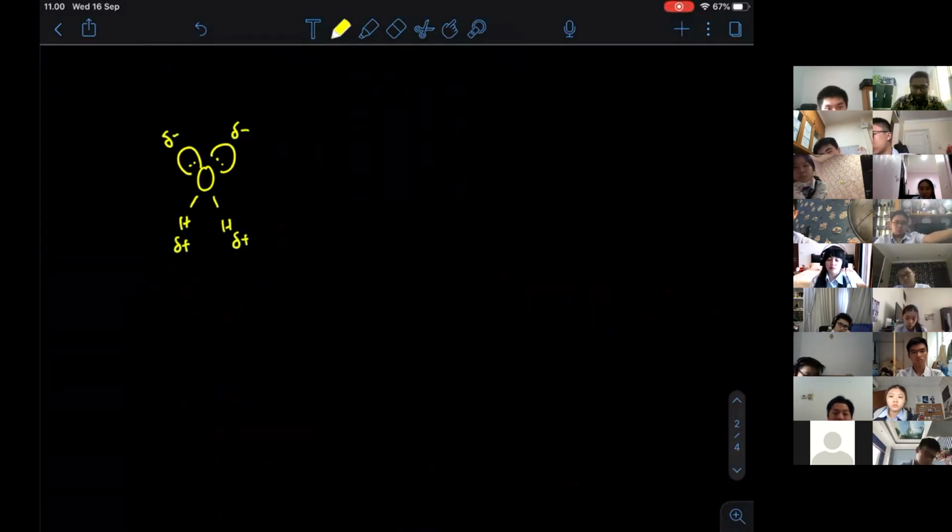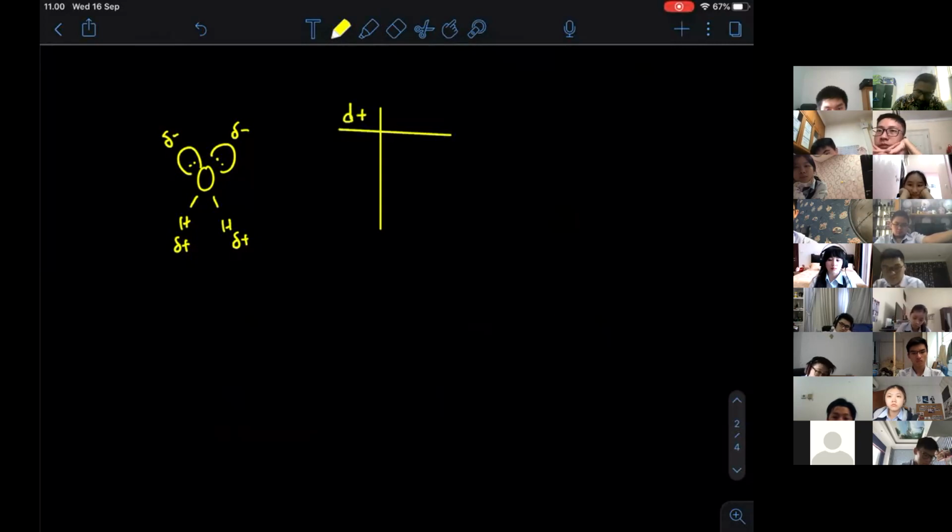Now, if I want to put it in terms of how many delta negative and how many delta positive: how many delta positive? I have 2. And how many delta negative? I have 2. The ratio is going to be the same, 2 to 2.